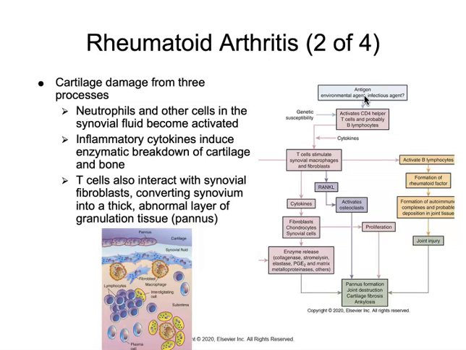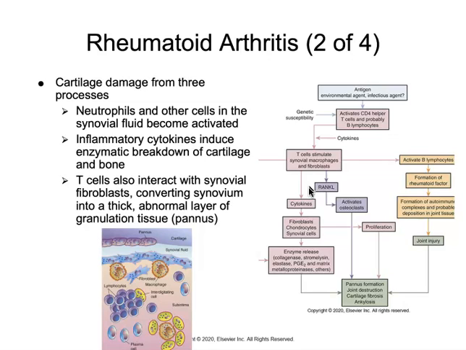Central to this response is going to be the activation of our CD4 helper T cells, which stimulate other immune cells and synovial tissues. You can see that arrow moving on down here to release inflammatory cytokines and mediators. And this then is going to lead to our cartilage and bone destruction in three main mechanisms.